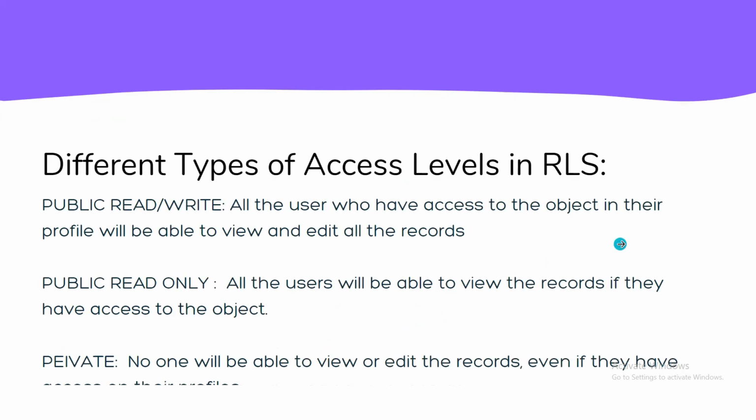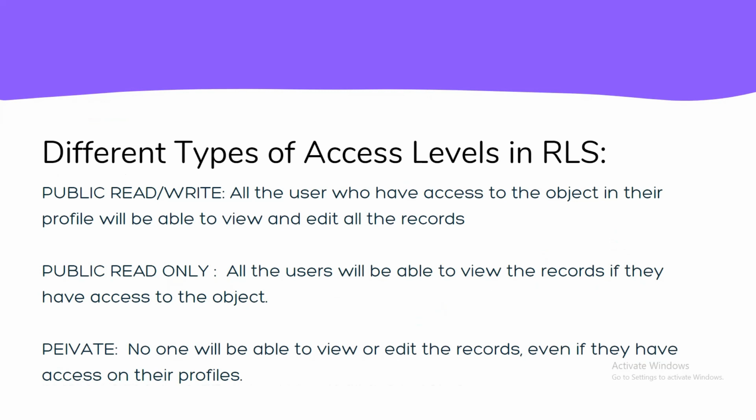In the last one, we discussed different types of access levels in record level security. What are those? The first one is public read write, another is public read only, and the third one is private. In private, no one will be able to view or edit the records, even if they have access to the object in their profiles.